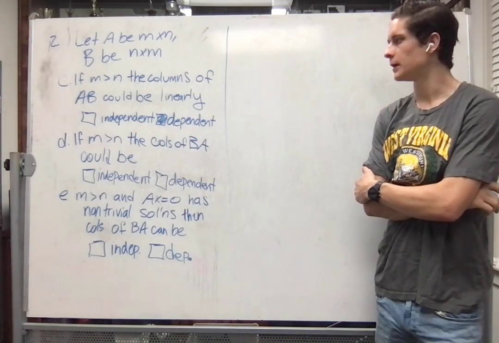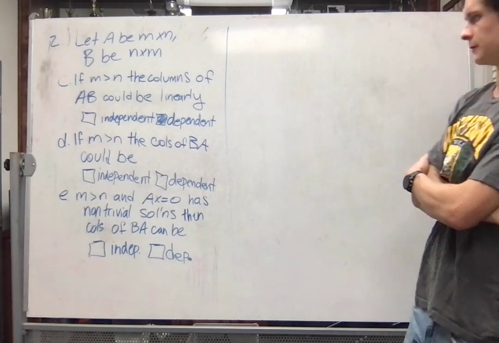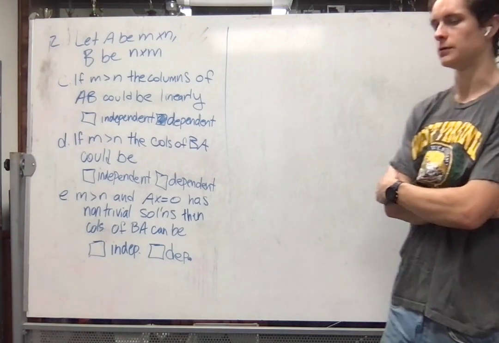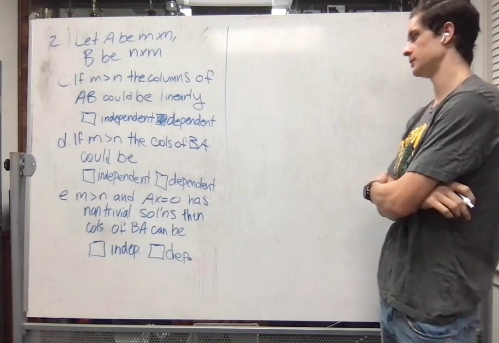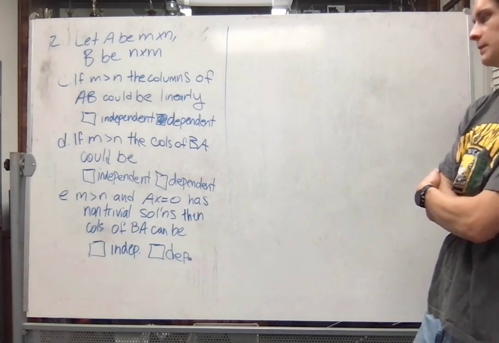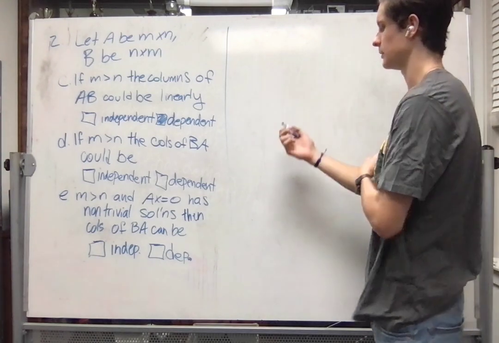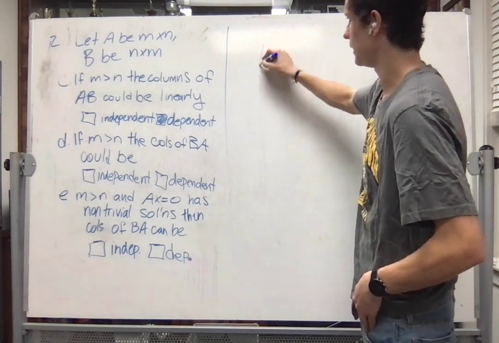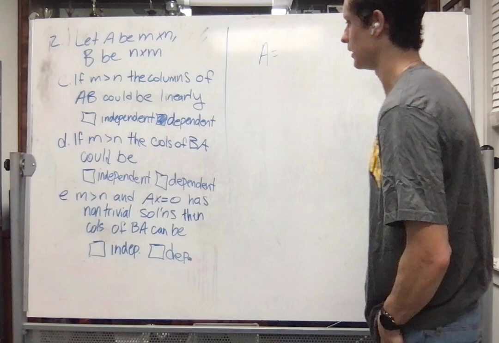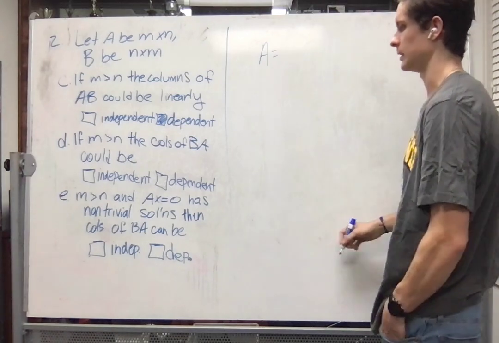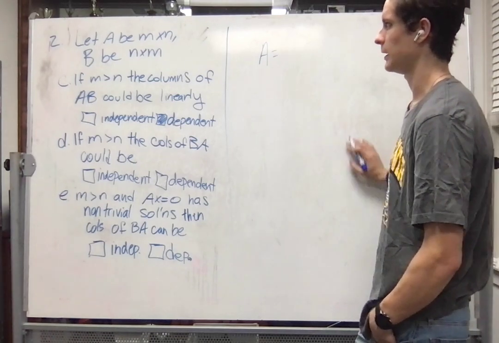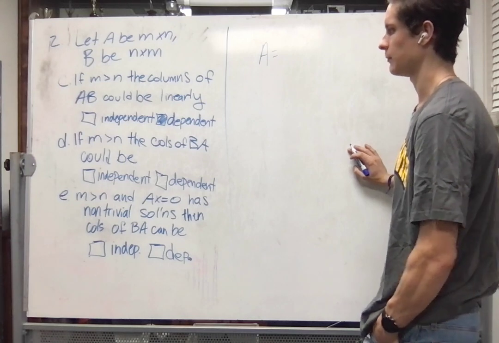For D, I just want to show you two examples, where one is independent and one is dependent, and that'll show that both are possible. First we'll show it could be independent. So A is n by n, and m greater than n.